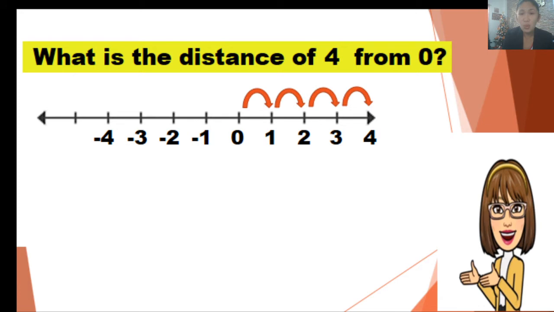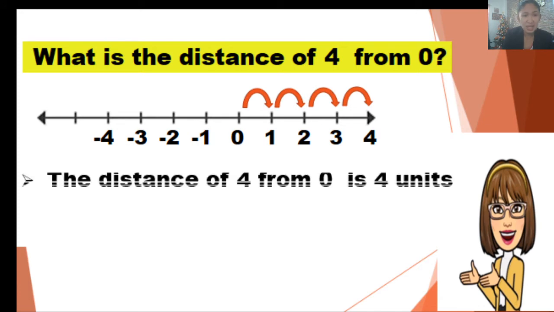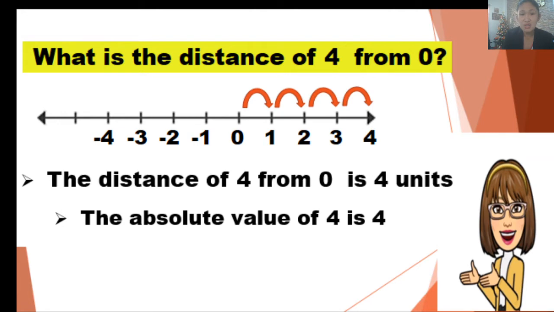We have 4 units. So we can say that the distance of 4 from 0 is 4 units. The absolute value of 4 is 4, and we can write it that way: the absolute value of 4 is equal to 4.